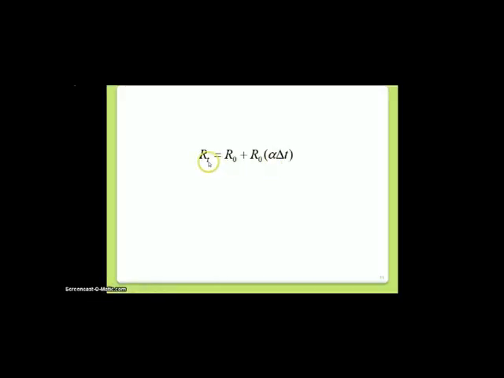The temperature-dependent resistance can be calculated as R_T = R_0 + R_0 α ΔT, where alpha is called the temperature coefficient, delta T represents the rise or change in the temperature, R_0 represents the resistance at room temperature, and R_T is the new value of resistance at the new temperature.